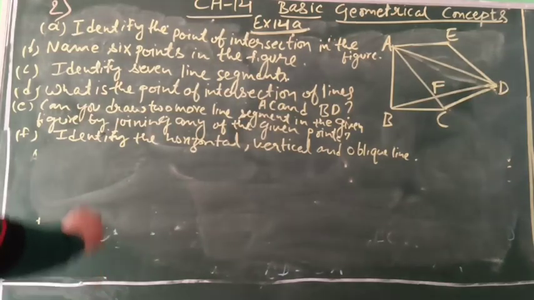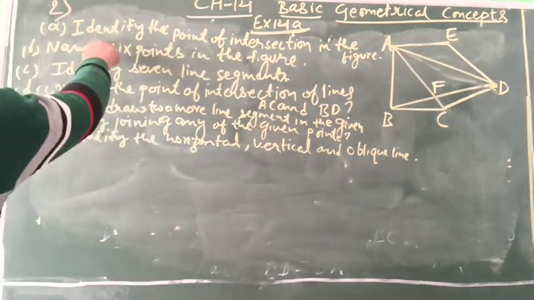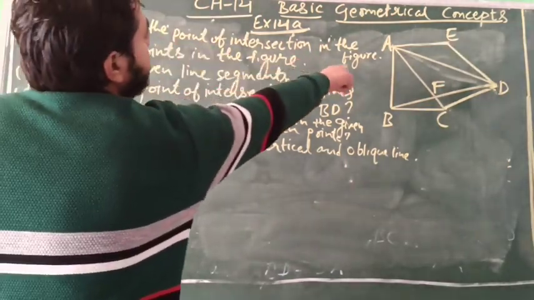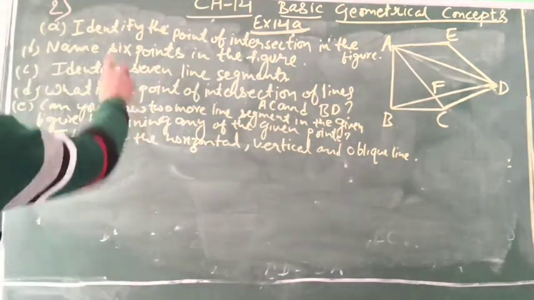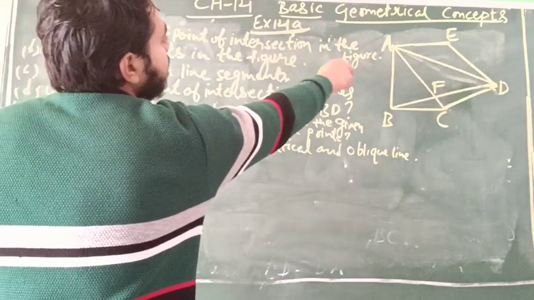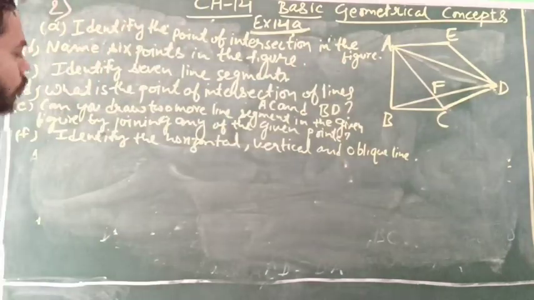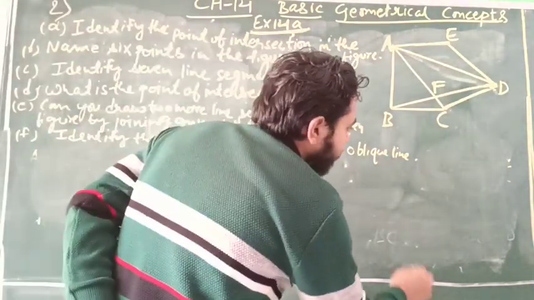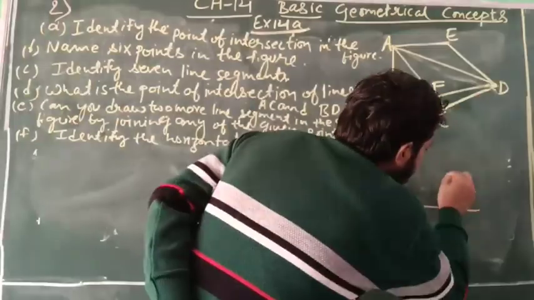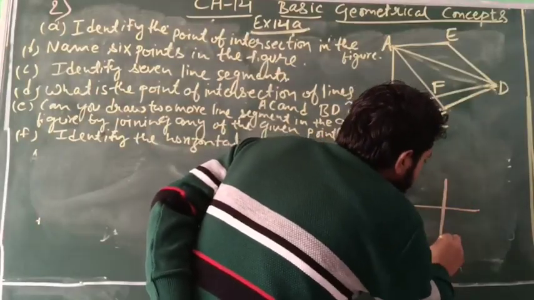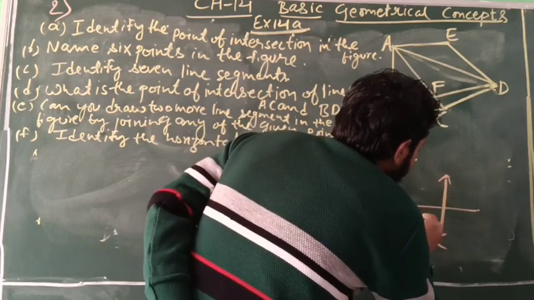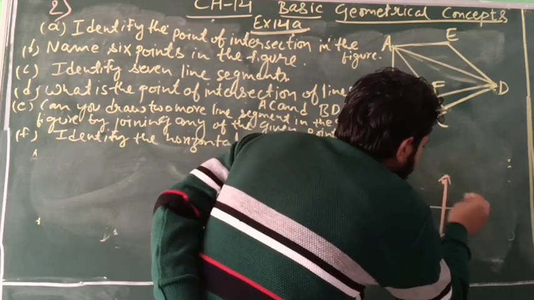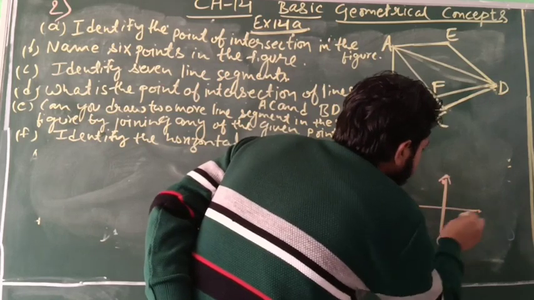So you see that the first question is: identify the point of intersection in the given figure. You know, a point of intersection is where two line segments meet. Suppose here is AC and here BD.